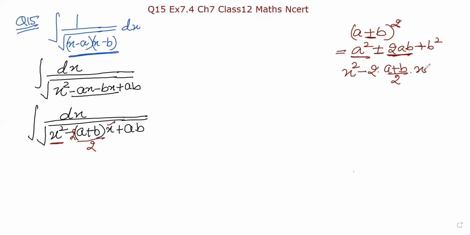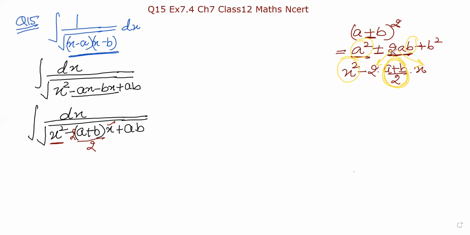Now, if I compare, what will I find? I will find 2 is the same, no problem. B is not known because a square I'm comparing with x square. So the value of a is x. So accordingly, the value of b must be (a plus b) upon 2.